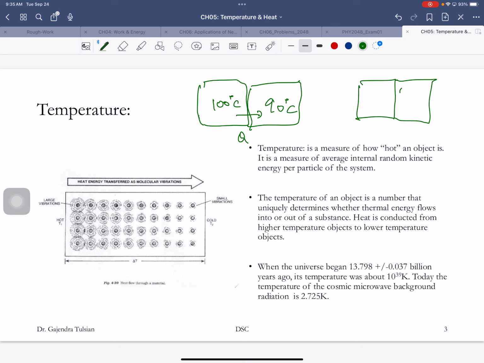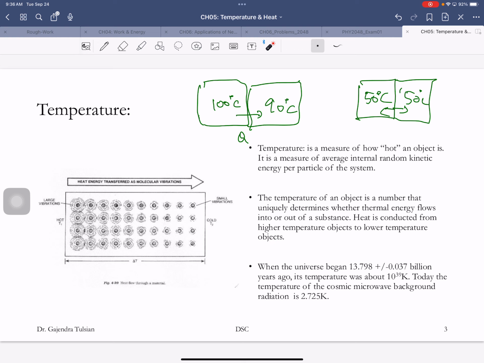How about now? The temperature is the same. Now there won't be any net flow of heat. Heat is still being exchanged, but there is no net flow of heat. So heat is conducted from higher temperature objects to lower temperature objects.